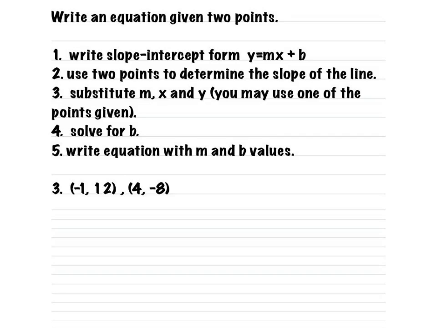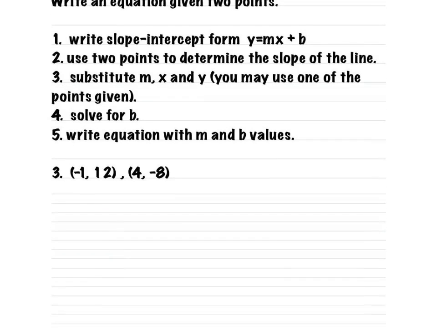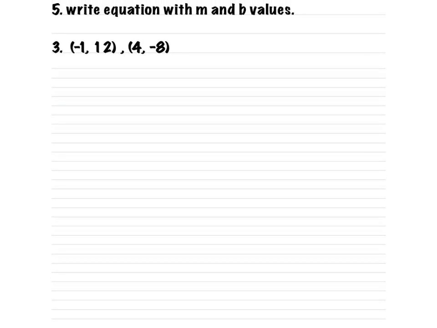So pause the video, take a moment to write down steps 1 through 5. Okay, example number 3. Please write down these 2 ordered pairs. -1, 12 and 4, -8. Write down the 2 ordered pairs.